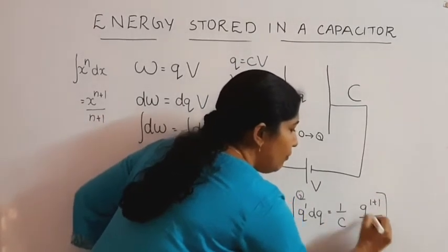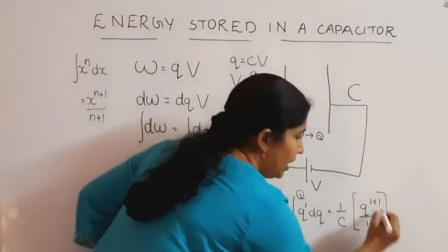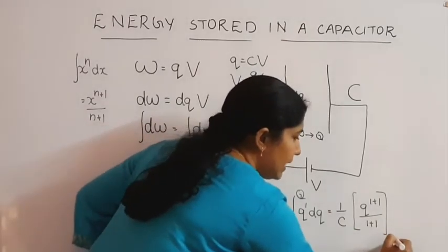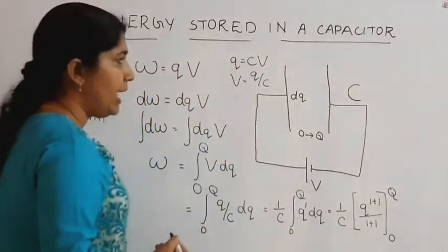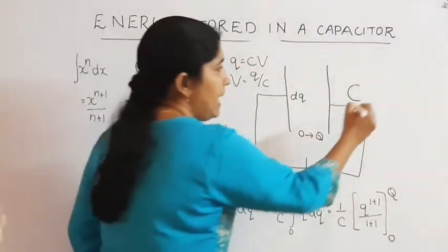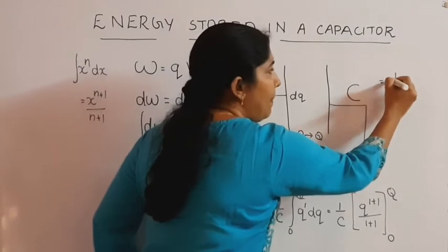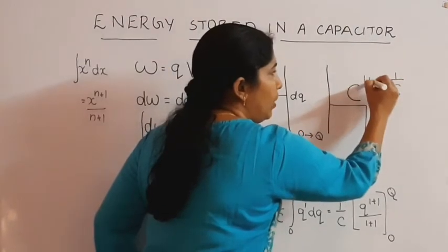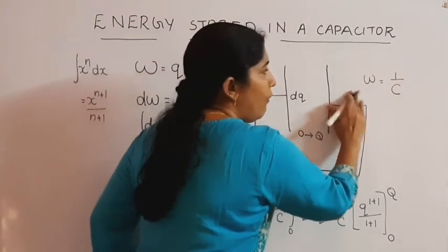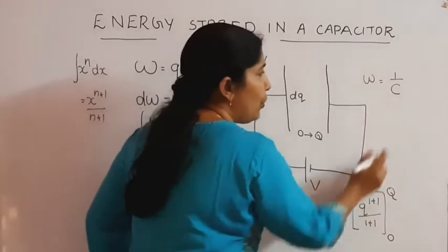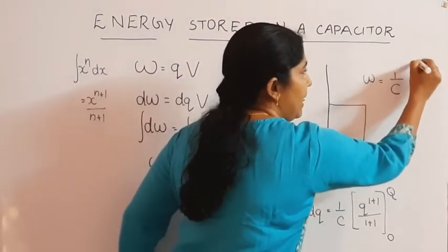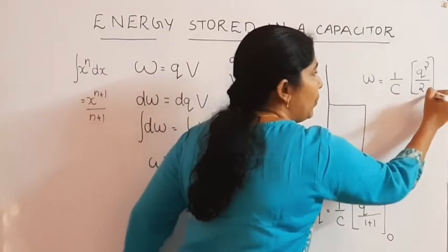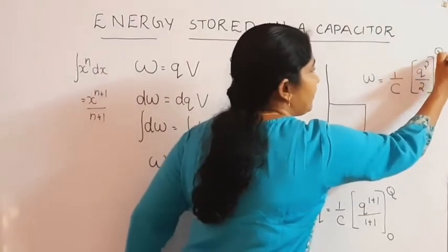After integration, we put this value in square brackets, integration from 0 to capital Q. The work done W can be written as 1 by C into Q square divided by 2, with integration from 0 to capital Q.